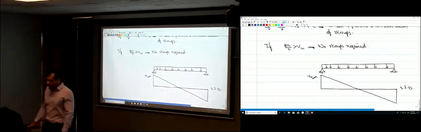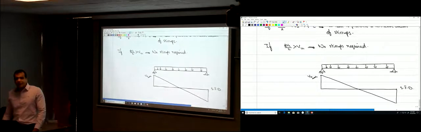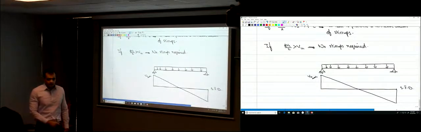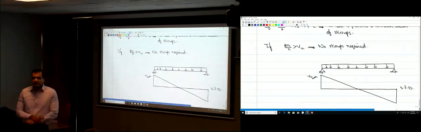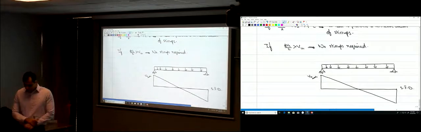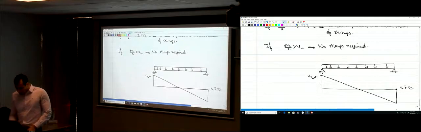Okay. The ACI code allows you to design it for a smaller value. How much is that smaller value and why? Let's see how much that value is and we're going to explain why. It allows you to move a distance d from the support.